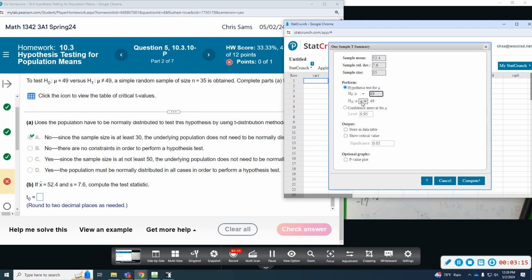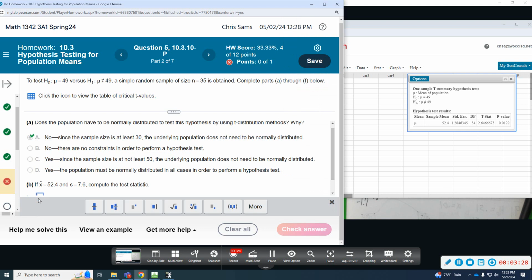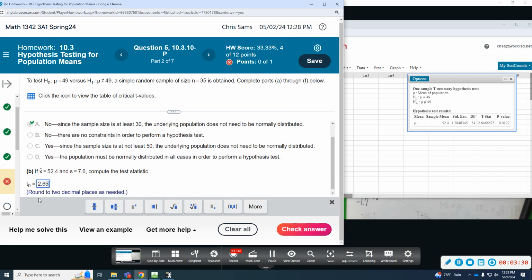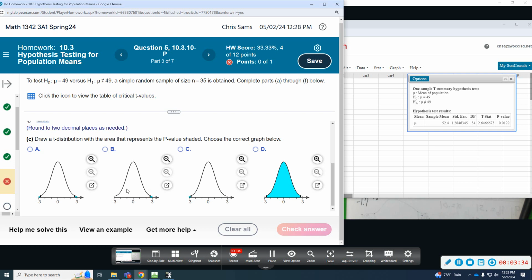And we're testing not equal, and we don't have a level of confidence yet. Test statistic is 2.64, or 2.65 when rounded. This is a 2-tail test, so A shows the 2 tails.